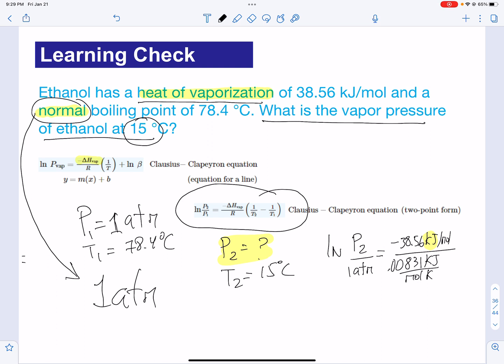Then we're going to multiply that by 1 over T2, which is 15 degrees Celsius, but it has to be in Kelvin, so plus 273.15. That will make it Kelvin, minus 1 over 78.4 plus 273.15.